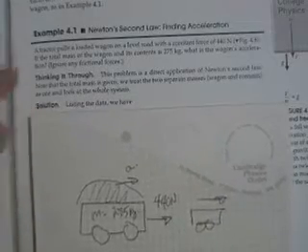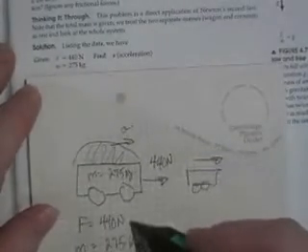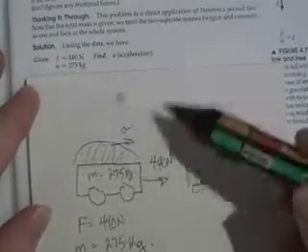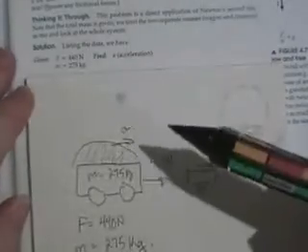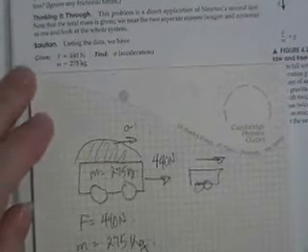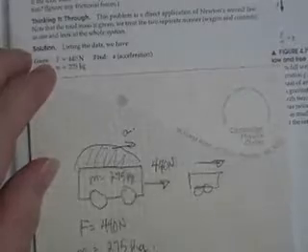And then it says list the data, and it shows me a list of the data, and it says F equals 440 newtons and M equals 275 kilograms. So I don't need somebody to come along and say I'm doing this right. My book is telling me that I'm doing it right. Now, if I didn't do it right, if I had something else down here, what I would do is read what it says, write what it says, go ahead and write it down, and then start off with a new sheet of paper and start all over again.